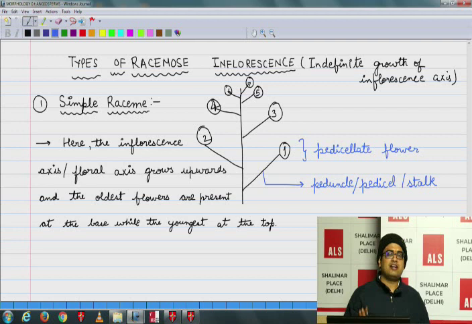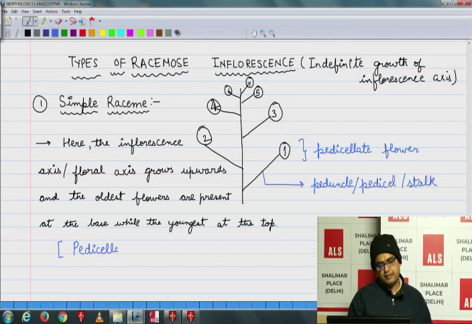So pedicellate flowers are born in, another definition of simple raceme is acropetal succession. I am writing this definition for the NEET exam: pedicellate flowers are born in acropetal succession.